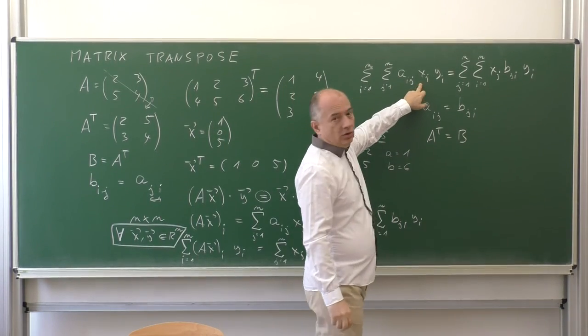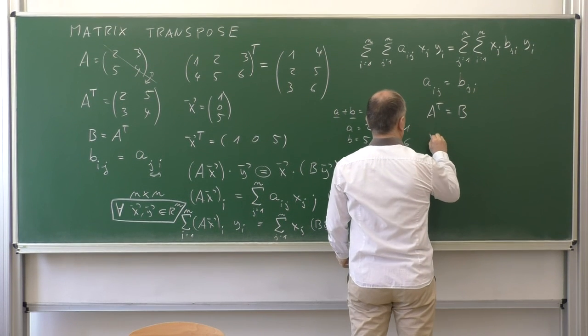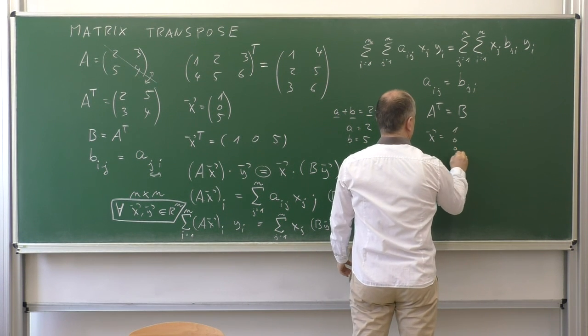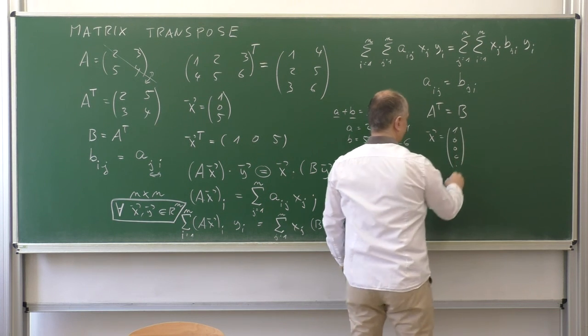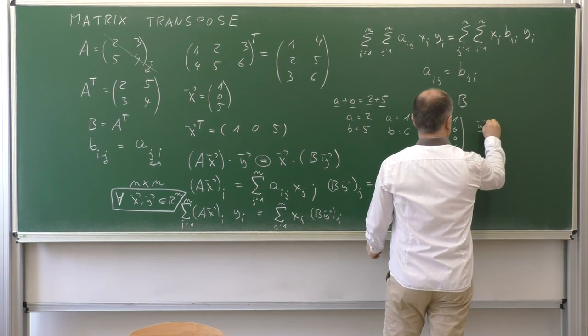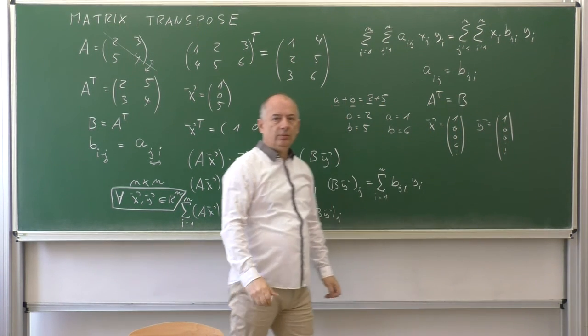Because if it is true for all x and for all y, we can consider the vector x to be 1, 0, 0, 0, and so on. And we can consider the vector y to be 1 and all zeros as the remaining components.